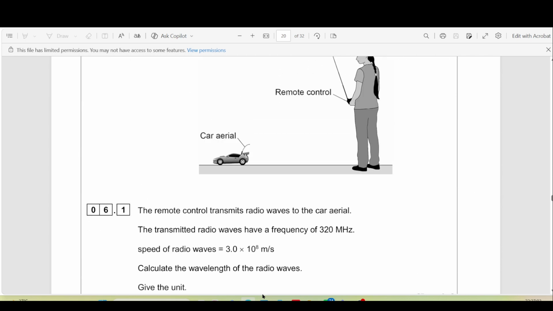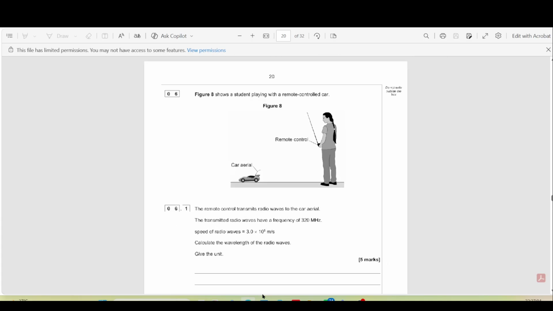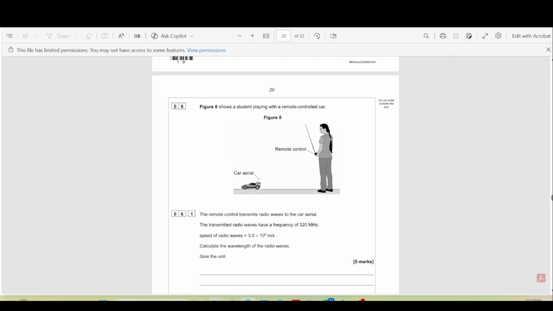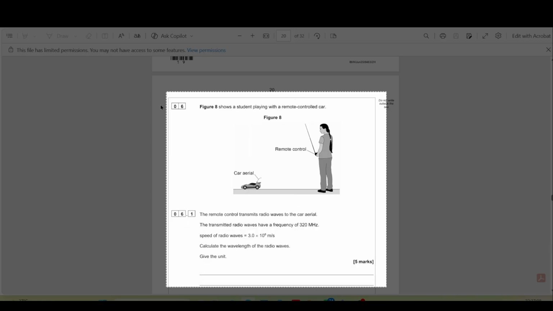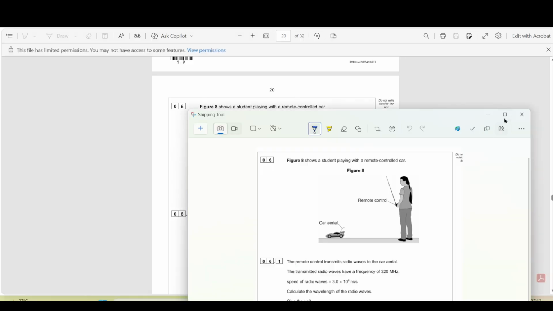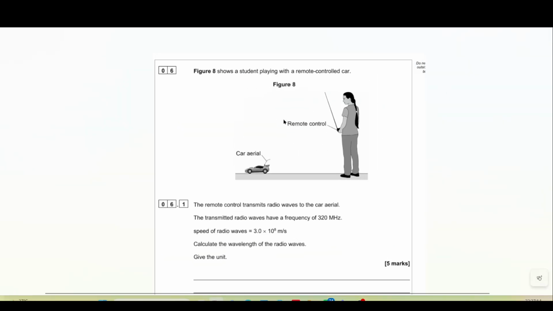Figure 8 shows a student playing with a remote control car. The remote control transmits radio waves to the car aerial. Transmitted radio waves at a frequency of 320 megahertz. Speed of radio waves equals 3 times 10 to the 8 meters per second. Calculate the wavelength of the radio waves.